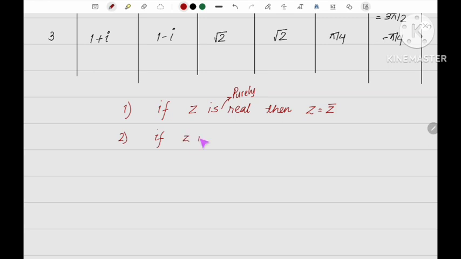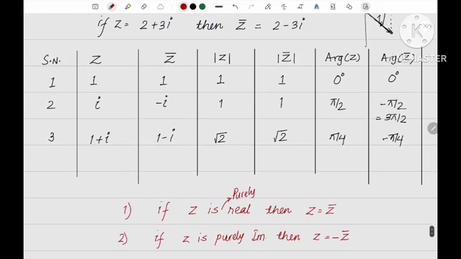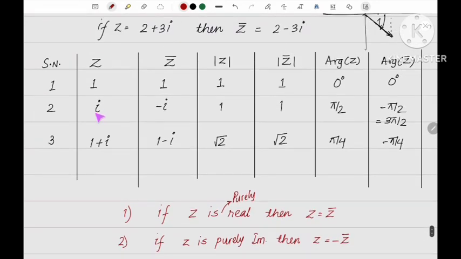And if z is purely imaginary, then z will become z bar with a negative sign. We saw here, i is a purely imaginary number.